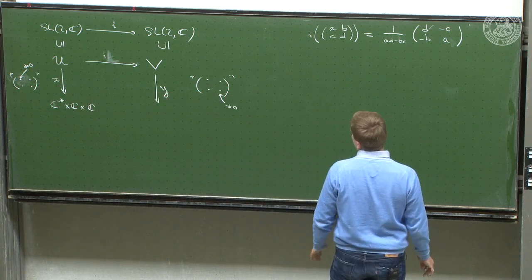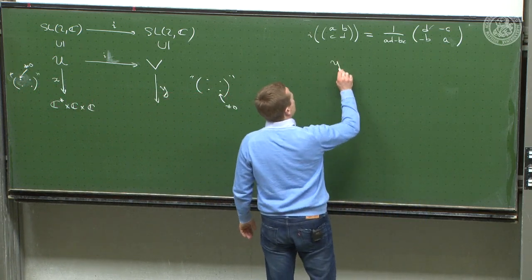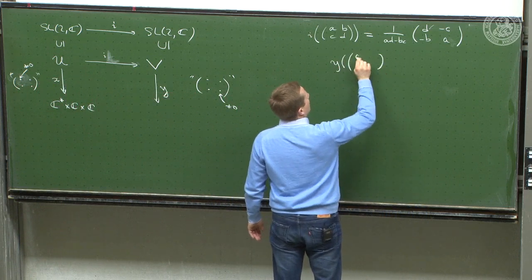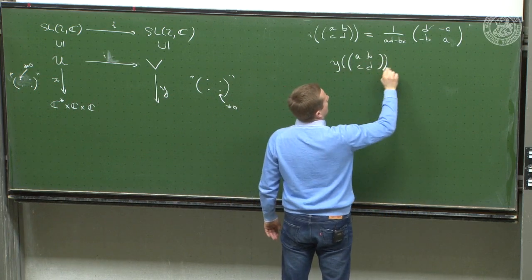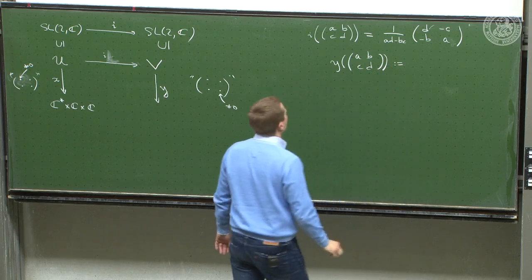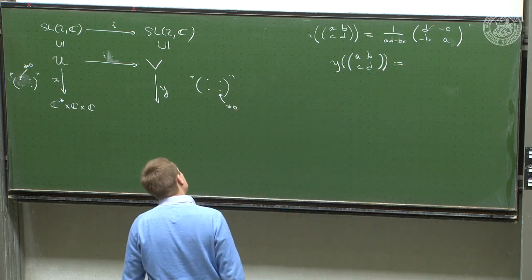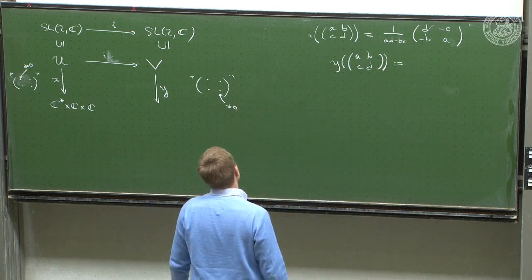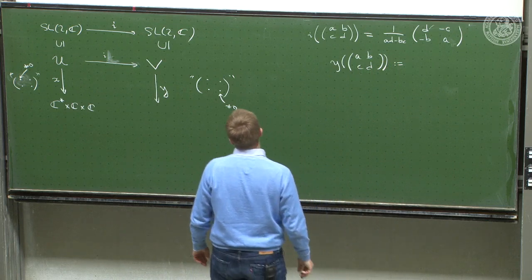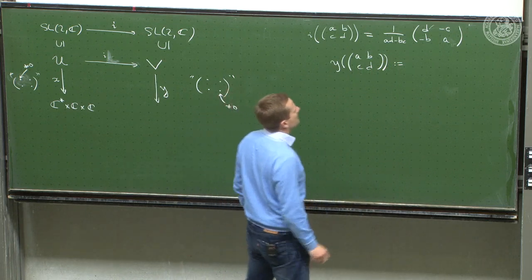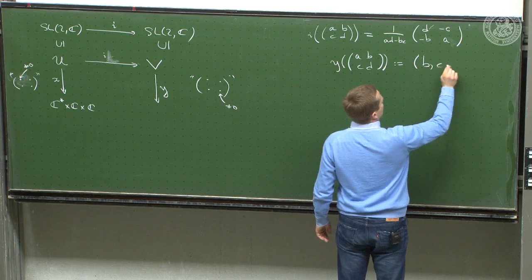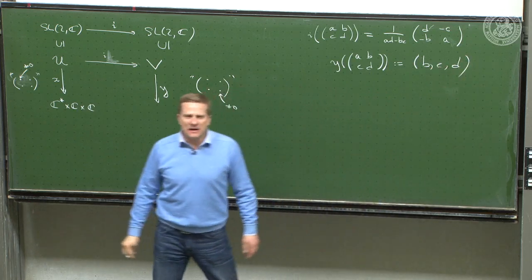But then this Y map assigned which coordinates? I forgot that. So that was Y, took then an A, B, C, D, and assigned it coordinates such that the D can be divided. That means that the A can be reconstructed. So I think that must have been this map. Is that right?